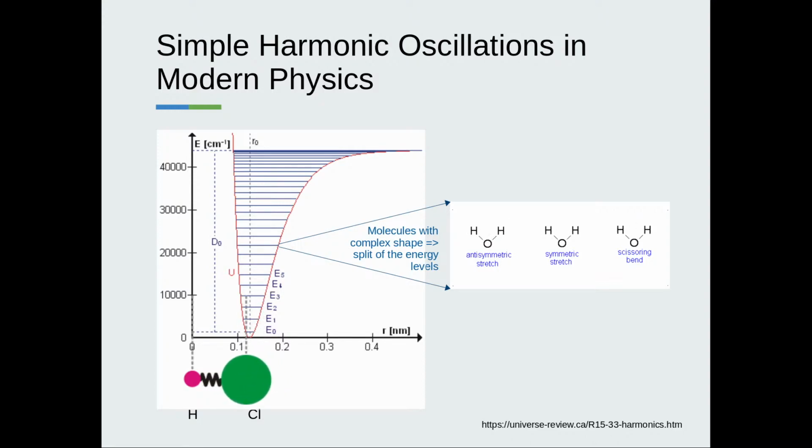And sometimes we have complex molecules like water, H2O, with an O and 2 H, and here are 3 types of oscillation, isn't it? You can see here are the asymmetric stretch, the symmetric stretch, and the cute movement like the scissoring bend, isn't it?